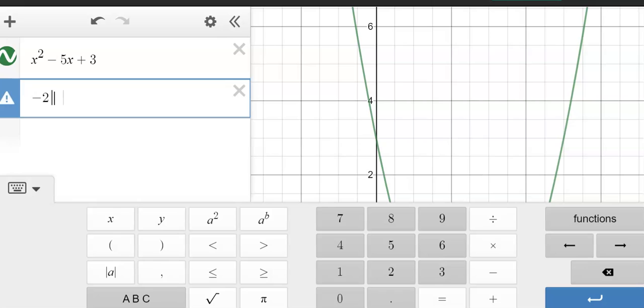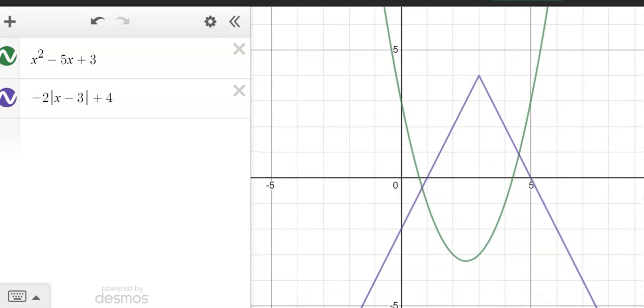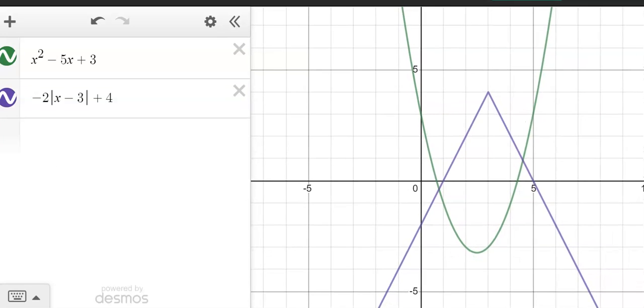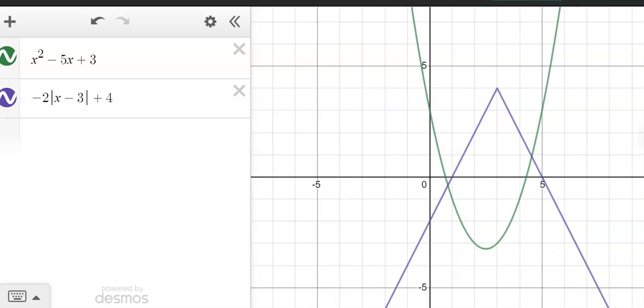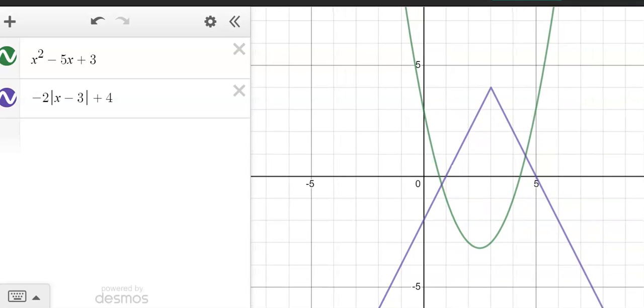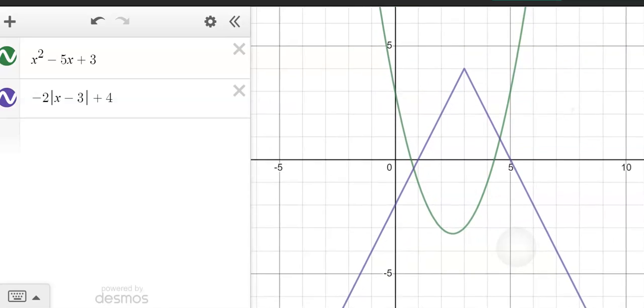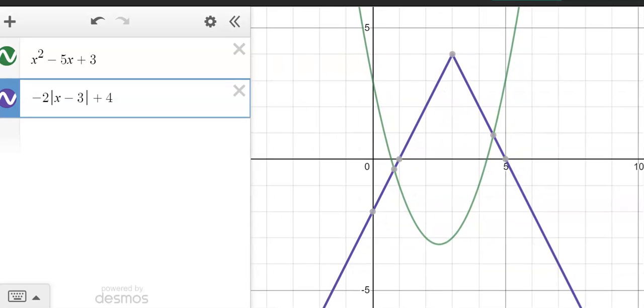So absolute value of x minus 3, and use the arrow key to move outside of the absolute value, plus 4. Negative 2, absolute value of x minus 3 plus 4. And then you can use your mouse wheel, or you can use the plus or minus buttons on the side of the screen to zoom in or out of this. But this is what those two things look like.